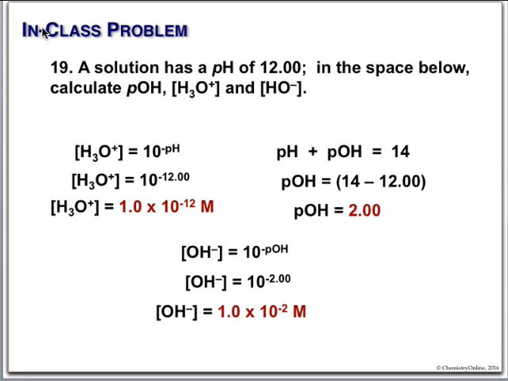You know that pH and pOH must add to 14, so you can calculate pOH. And if you know pOH, you can calculate hydroxide. That's the last one. If you have pOH, you just substitute in here, and you get hydroxide.